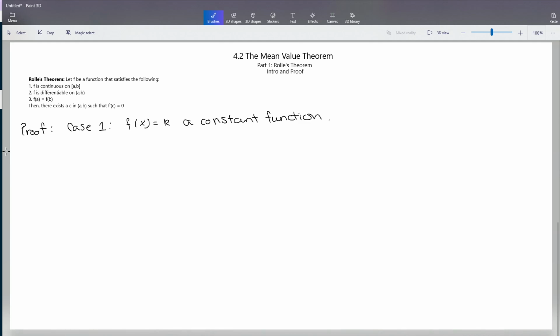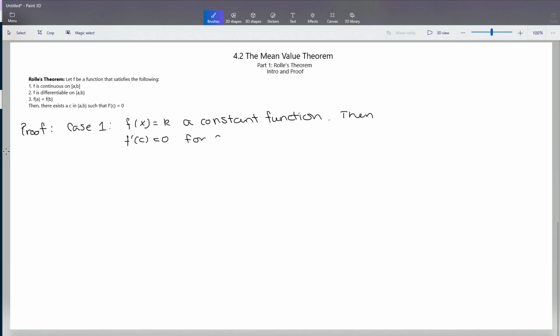If that's the case, and we know that everything is differentiable and continuous, then we know for sure f prime of c equals 0, because the derivative of a constant is always 0.